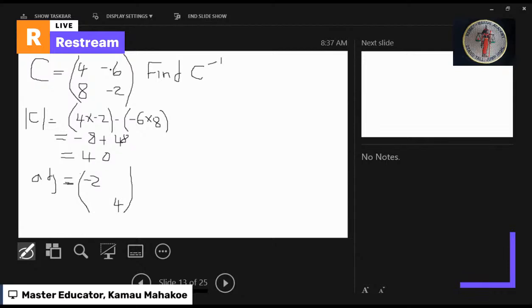Now the B and the C, we change the signs. So the -6 is going to become +6, and the +8 will be -8. The A and D exchange places, but the B and the C, we don't move them, we change the sign.